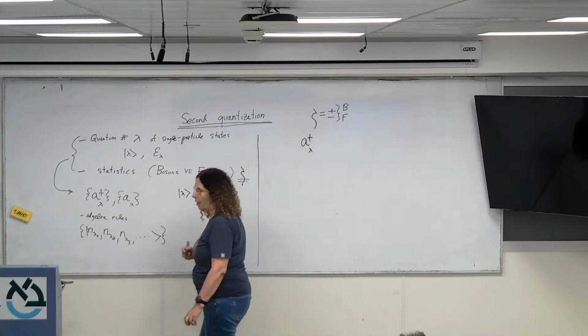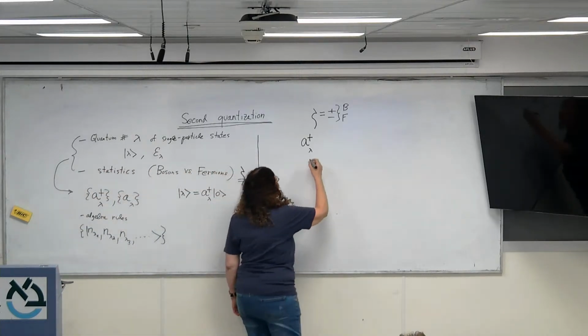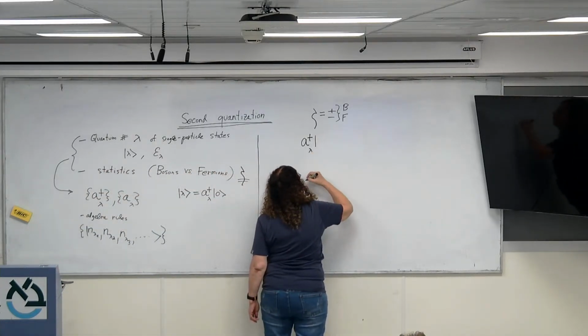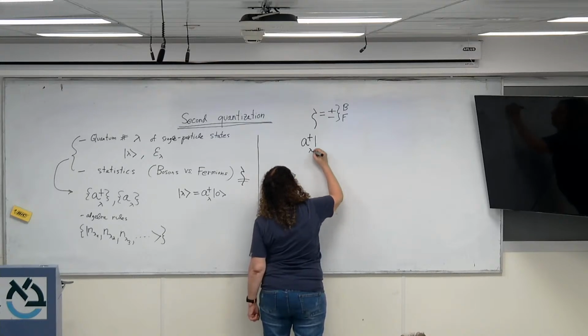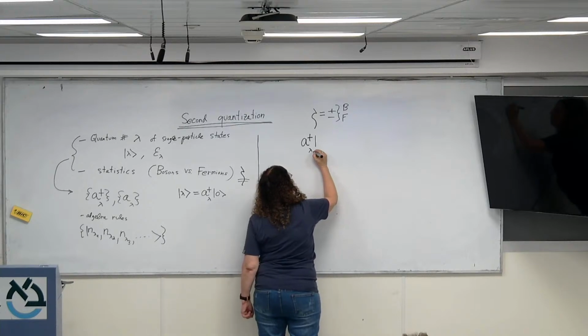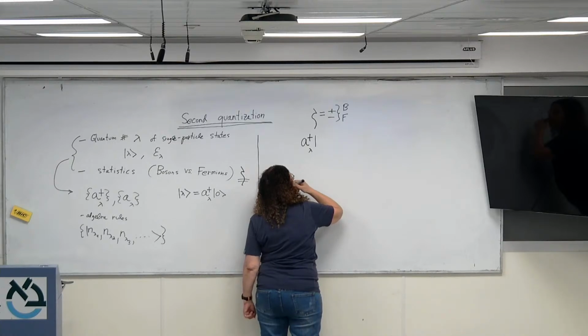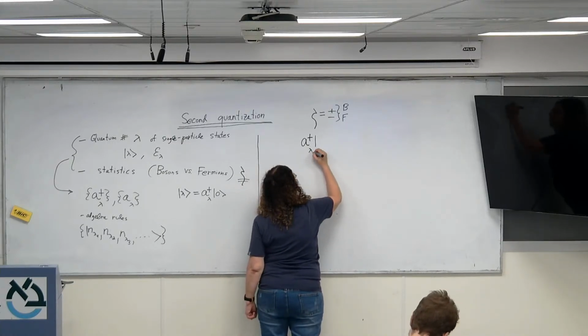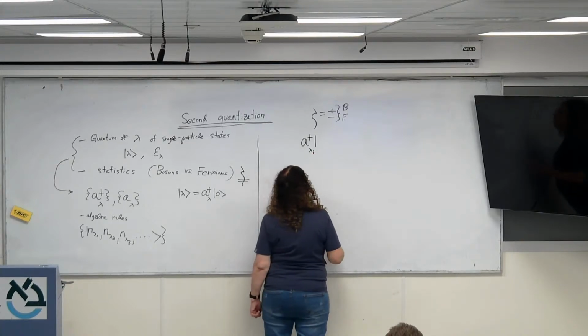A lambda dagger acting on, let me write here, okay, maybe I'll denote it by, I want to give it a number, so okay, let me call it a lambda I.